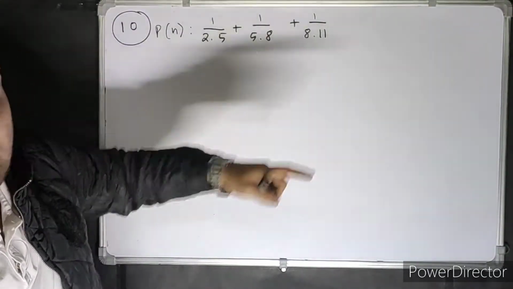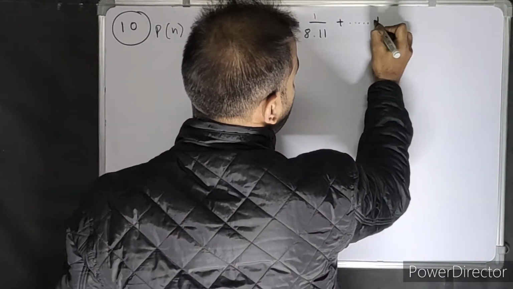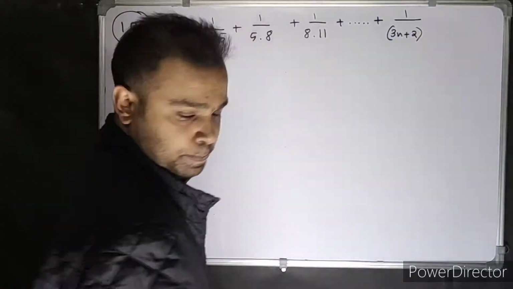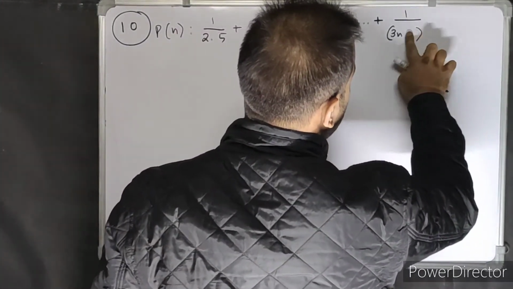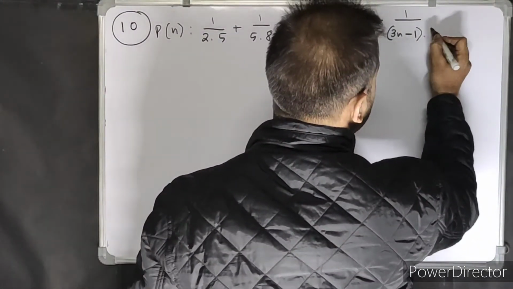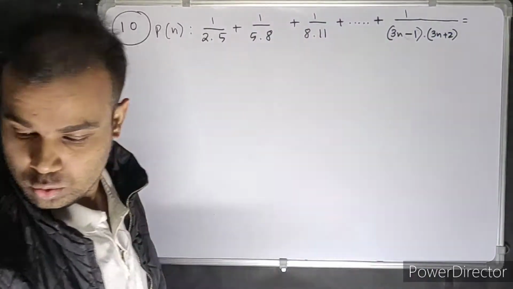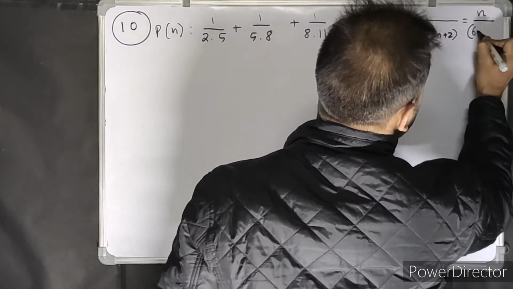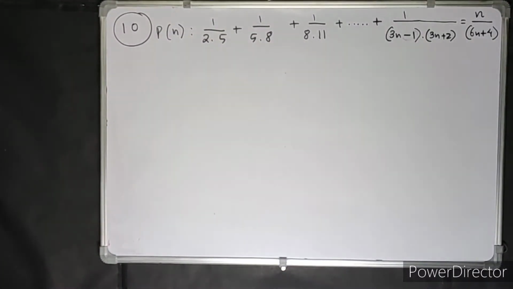This is not 8.111. Plus dot dot dot plus 1 by 3n minus 1 into 3n plus 2 is equal to n divided by 6n plus 4.